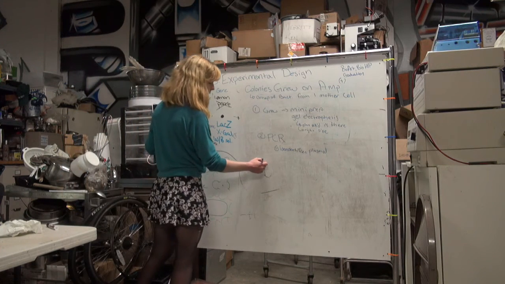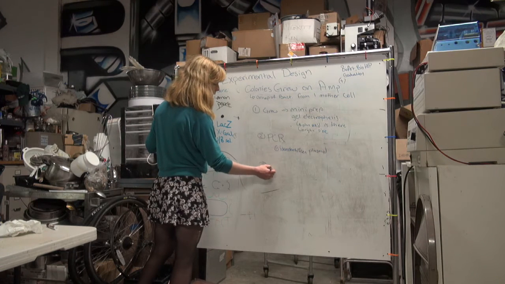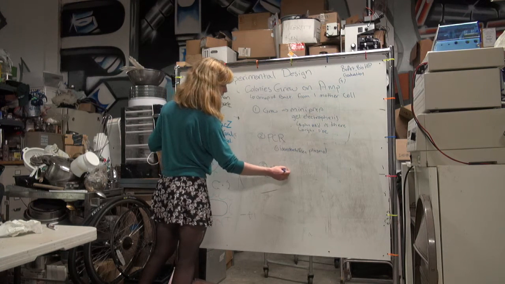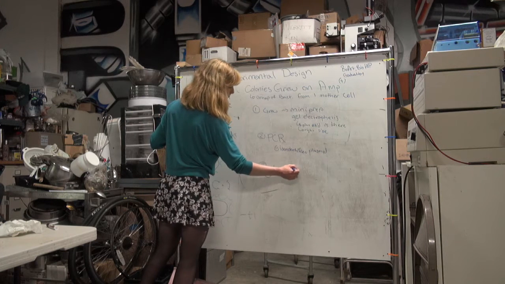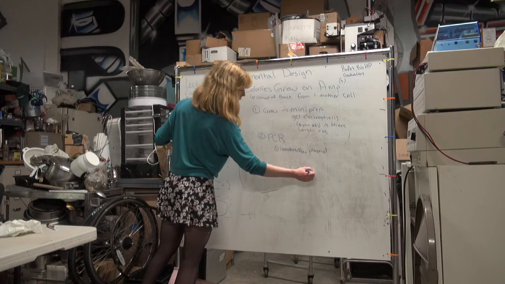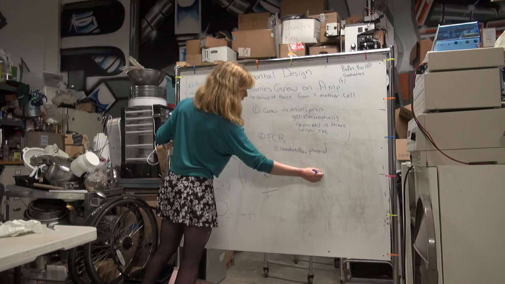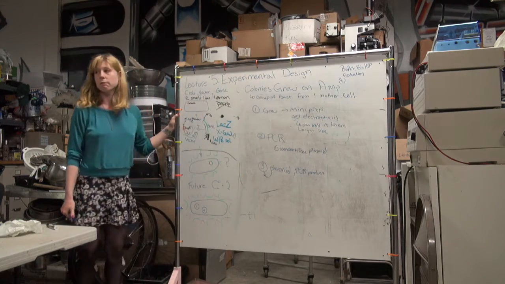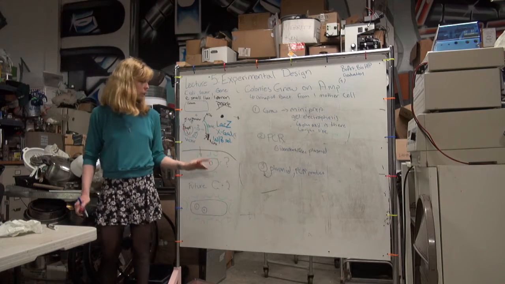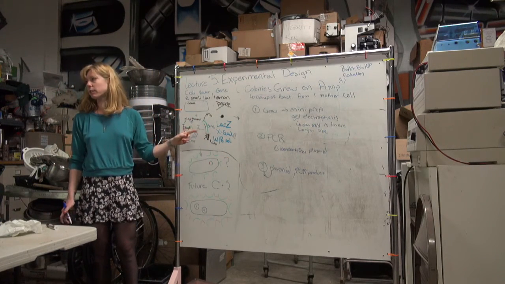But let's not even finish there, folks. We can also send our plasmid or our PCR product for sequencing. So this is more important when we're actually putting a gene in that we're interested in.